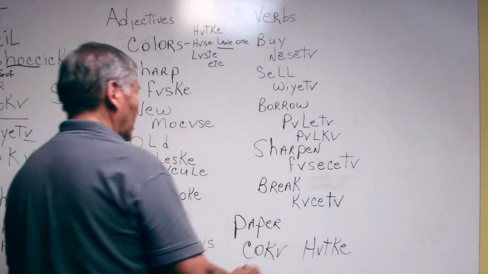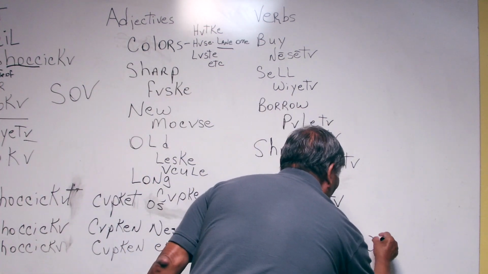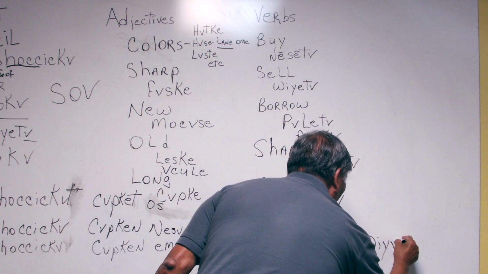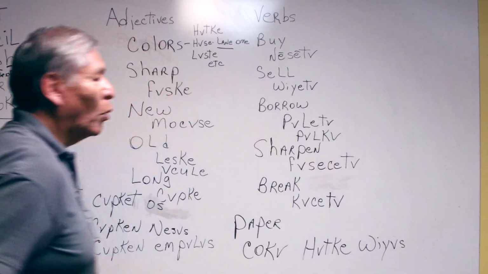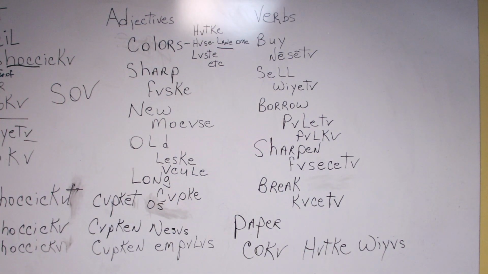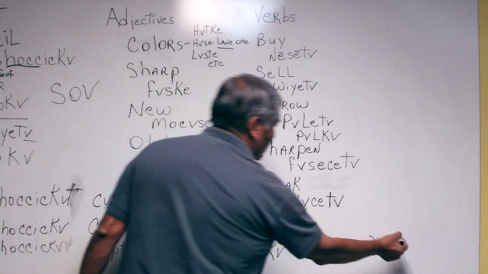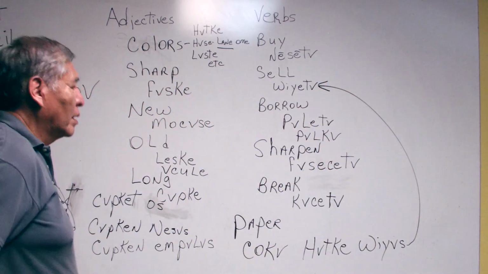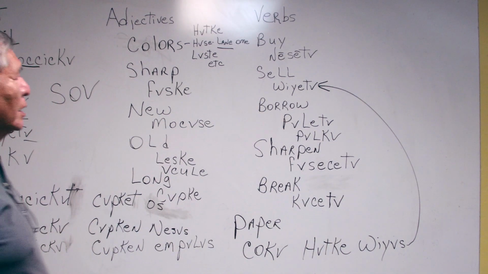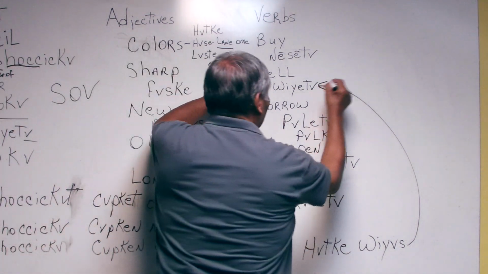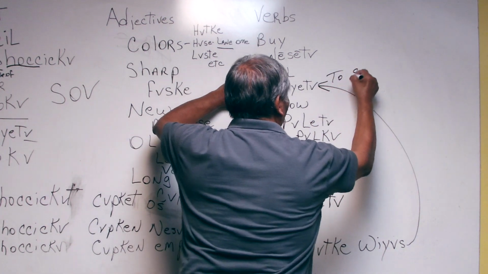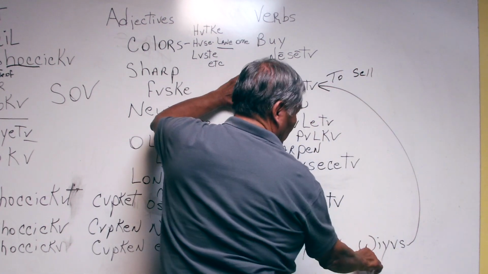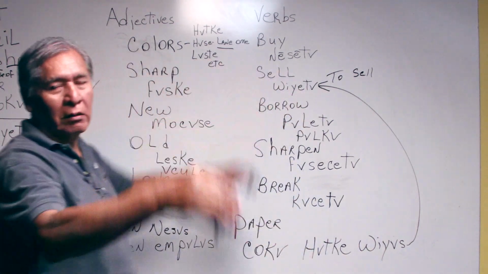Sell white paper. Sell white paper. That's what we wrote. Just to clarify, wayas is a form of the word wayida, to sell. So this is a form of this word right here. Wayida. Wayas, that's a command to sell. This merely says to sell. But when we change it to wayas, it means you sell.